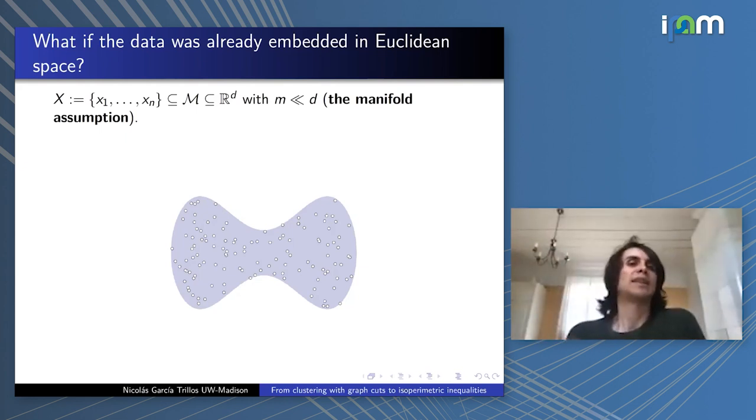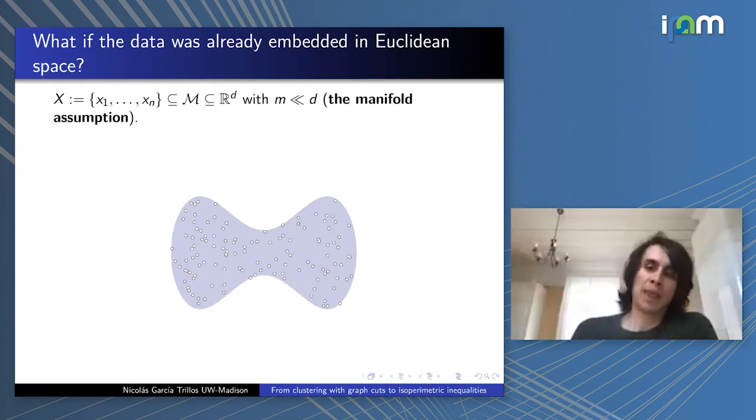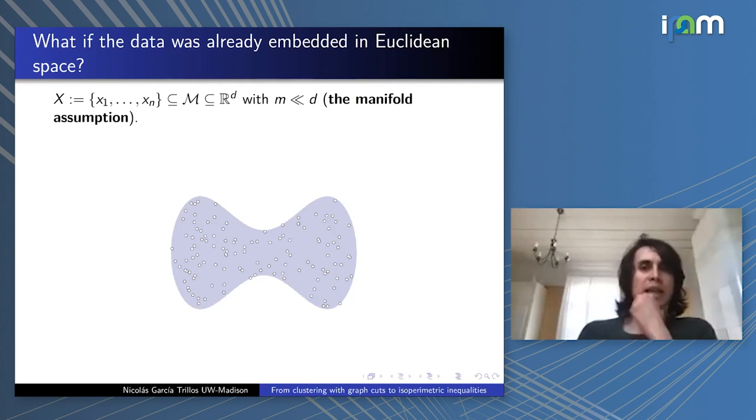Okay, so then at least for the talk, I'm going to focus completely on the geometric kind of model, where again, the data points are assumed to be samples from some manifold in R^D, and we assume that the manifold is perhaps much lower dimensional than the ambient space.